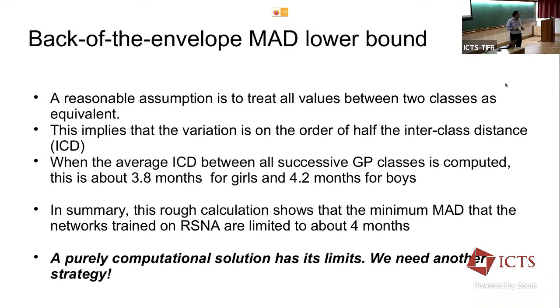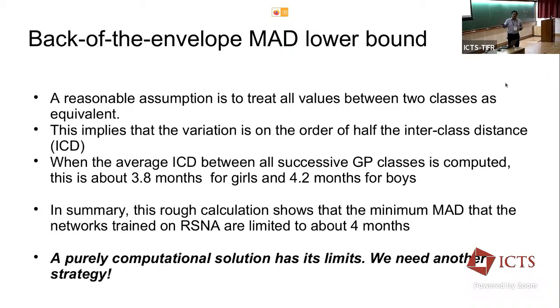But essentially, we think it comes down to this: you cannot disambiguate between two different classes to precision. So you're going to have to allow for something that is within half an interclass distance to be equivalent. If you do that, you take all of the interclass distances, take an average, and it tells you that you cannot go any lower than 3.8. The MAD cannot be lower than about 4 months: 3.8 for girls and 4.2 for boys.